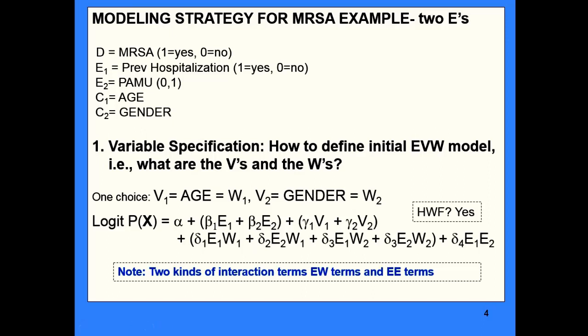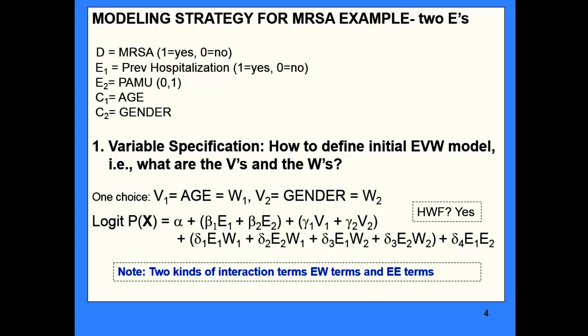We talked a little bit about this starting model last time. And I said, if you remember, that when you have a model like this, with two or more exposure variables, two or more E's, you have another complication in the modeling strategy because you have two different kinds of interaction terms. You have interaction terms of E's with V's or E's with W's, and then E's with C's, and then you have interaction terms of E's with E's, exposures with other exposures.